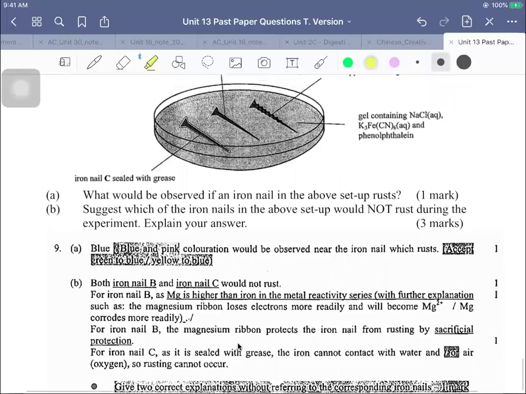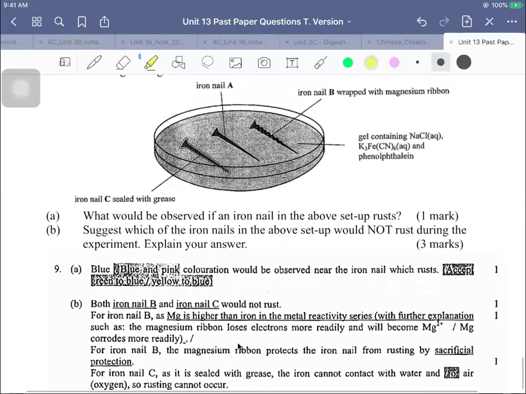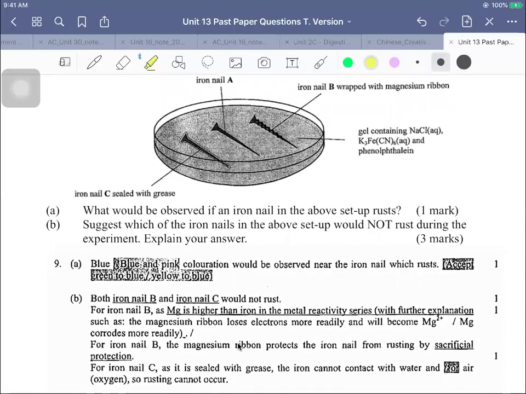But you need to also mention that B, which is wrapped with magnesium ribbon, will also not corrode because magnesium is more reactive. So that's sacrificial protection, or it will lose electrons more readily than iron. Hence, iron would not rust in this condition.